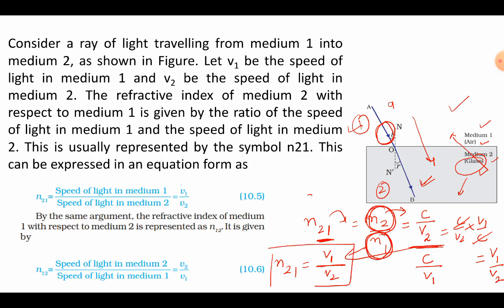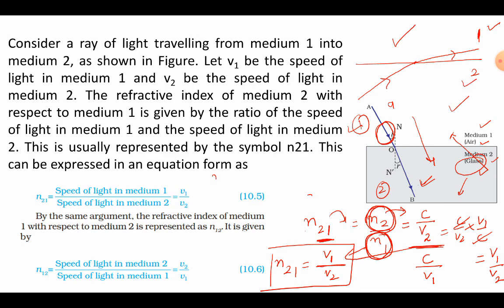Now suppose we make a change and say that this is the second medium and this is the first. The ray of light is going from the second medium and entering into the first one. How are we going to represent this in terms of the refractive index? If you remember, we write where the light has entered with respect to where the light has come from.